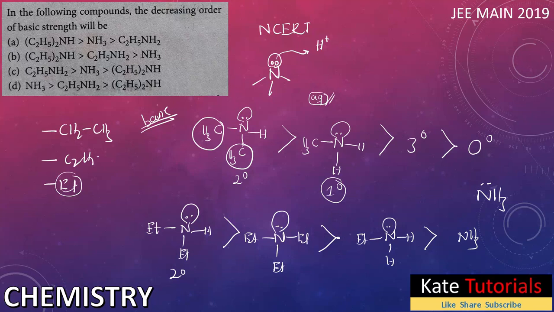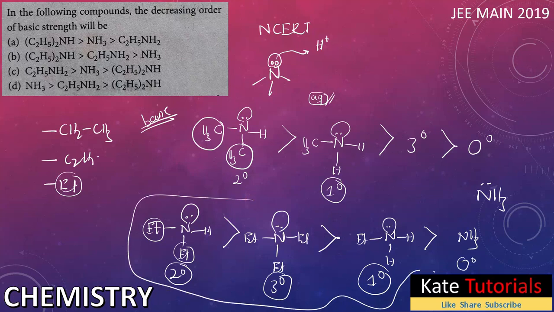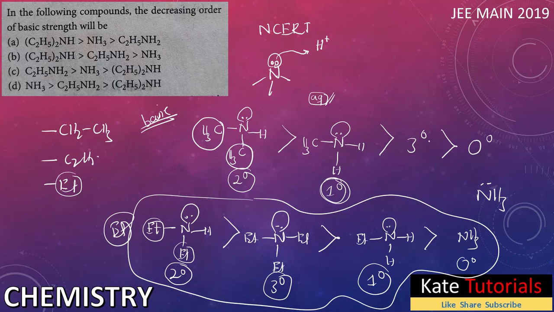So in the presence of ethyl, the secondary will be more basic than tertiary, tertiary will be more basic than primary, and primary is more basic than 0°. This is the order where nitrogen is attached to ethyl, right? Whenever methyl is there, the order is secondary is more basic than primary, primary is more basic than tertiary, tertiary is more basic than 0°.